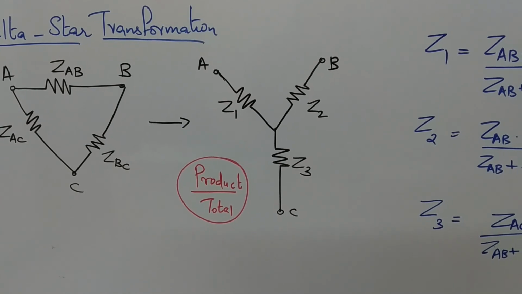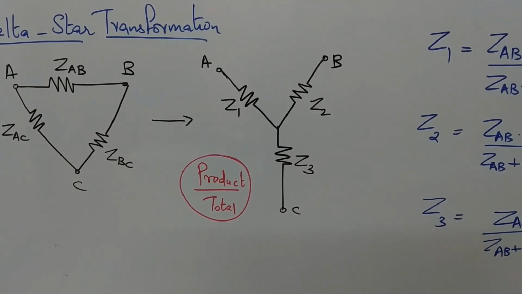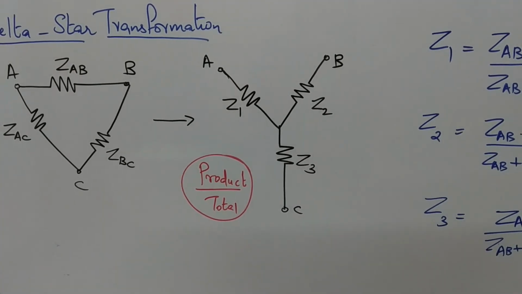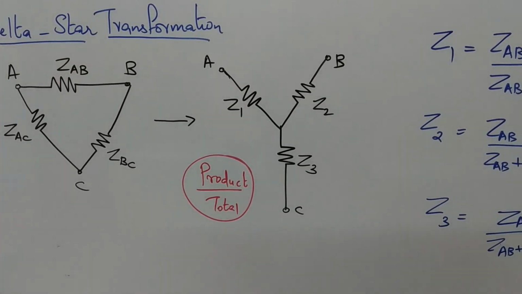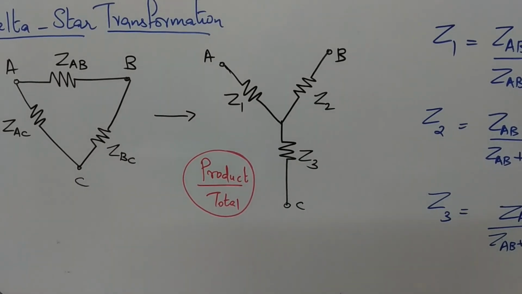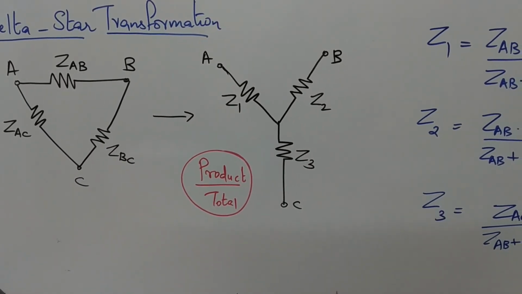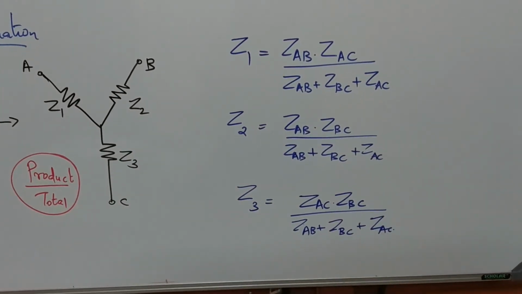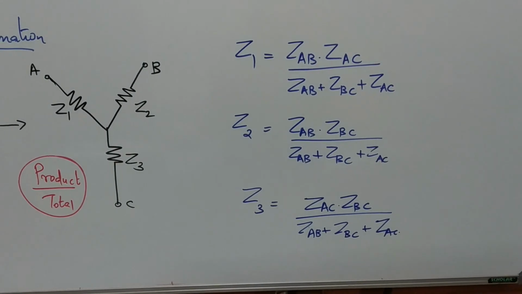The numerator will be ZAB into ZAC. To find out Z2, it will be ZAB into ZBC. Same way, to find out Z3, it will be between ZAC and ZBC. So this is the formula for finding out Z1, Z2 and Z3.